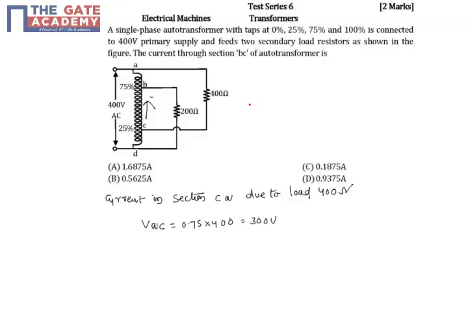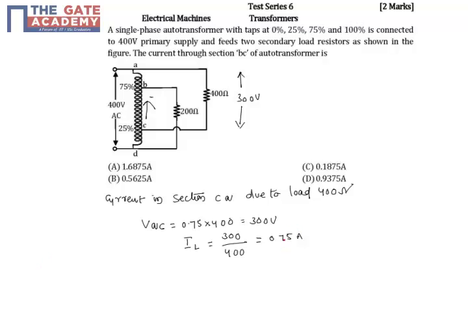That means the voltage across this load is 300 volts. So if it is 300 volts, what about the current? The load current is equal to 300 volts by 400 ohms, so this is equal to 0.75 amperes.